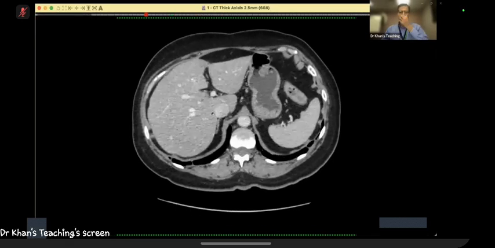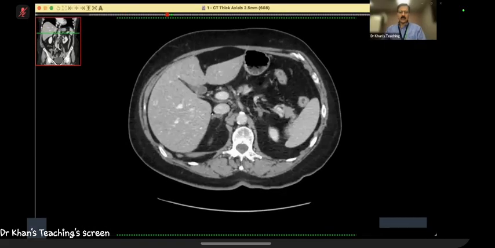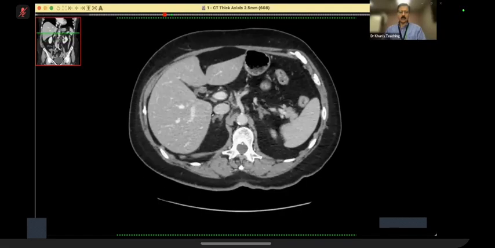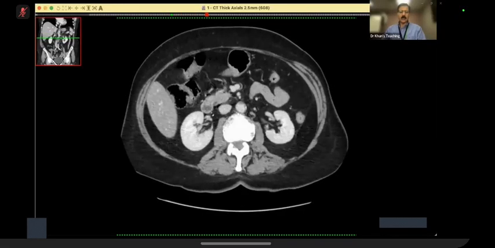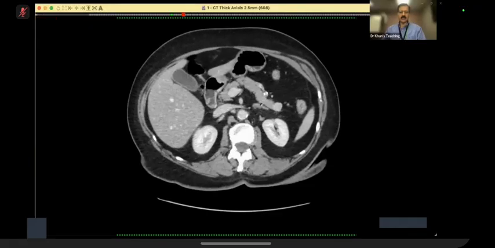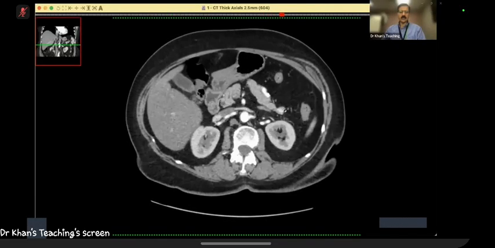I warn you that in a classical scenario, the examiner is not going to be so helpful. Initially, the examiner is going to see your protocol, then might give you a hint. Look at the pancreas, for example. Even on this venous phase, the lesion can be seen here. And as soon as you see it, you ask for an arterial phase, and on arterial, it is better seen.